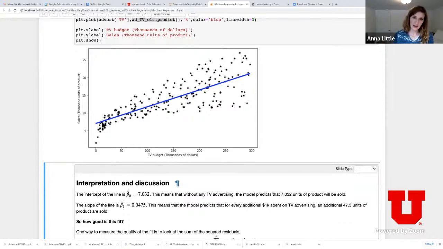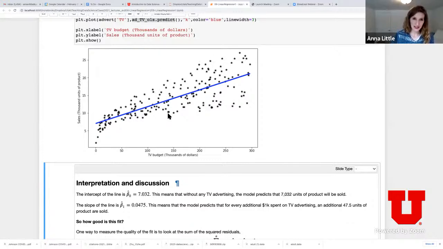If you think about looking at the center or the mean for each x value, it really does look pretty linear, at least along this side. You see the variance around the line increase as you increase TV, which usually you don't want to see in a linear regression, but there's not a whole lot that you can do about it.